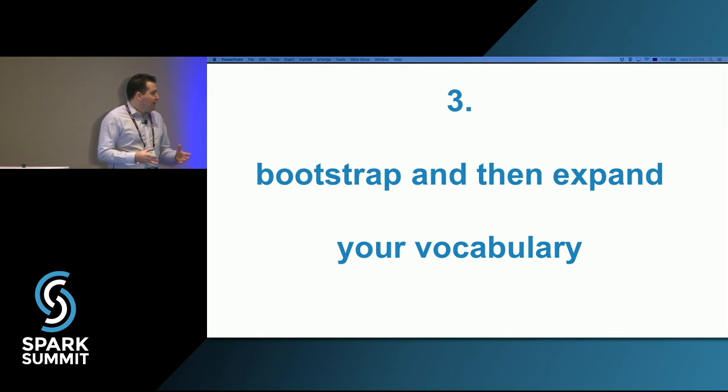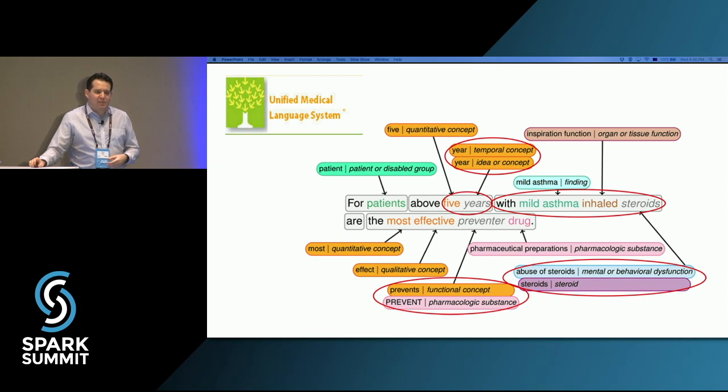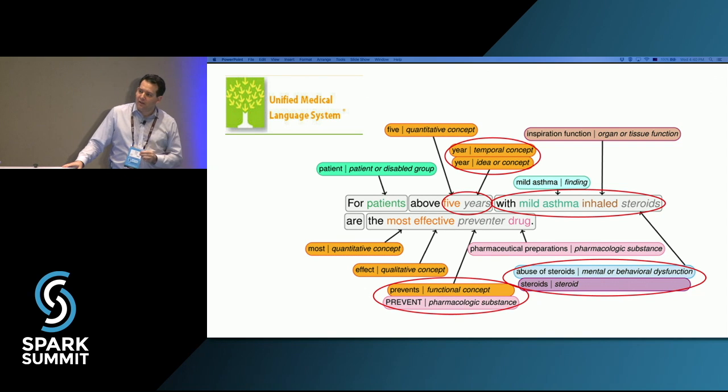The third and last thing I want to bring across is how you deal with your vocabulary. In every domain, you're going to have your own unique vocabulary. Healthcare is very unique in the sense that it's easy. Taxonomies and ontologies, in human history, started with biology, with Darwin and before that.